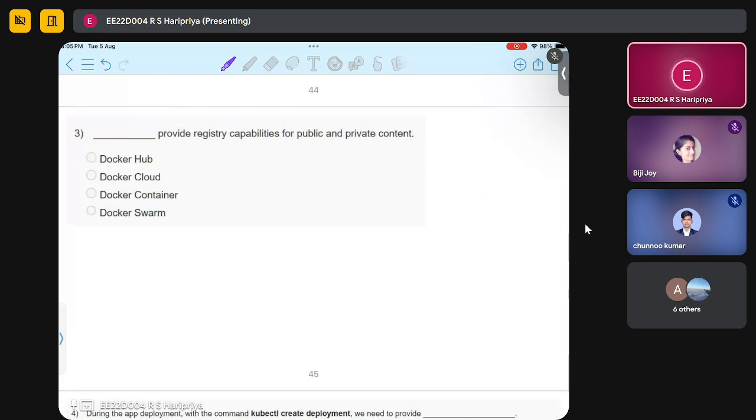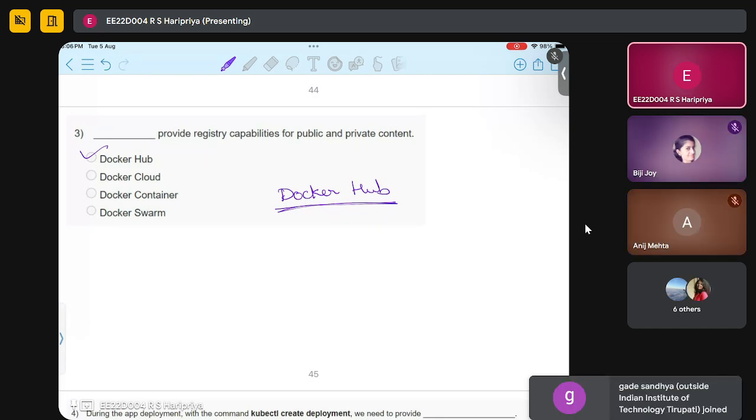Next question. Which of the following provides registry capabilities for public and private content? This we have already seen. Docker Hub. Docker Hub provides the registry capabilities for public and private content, allowing the users to store and share Docker images.